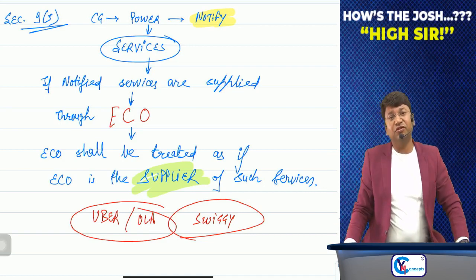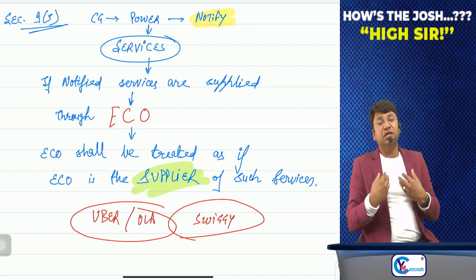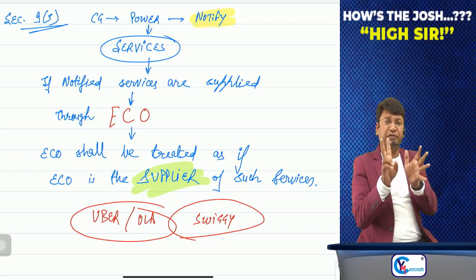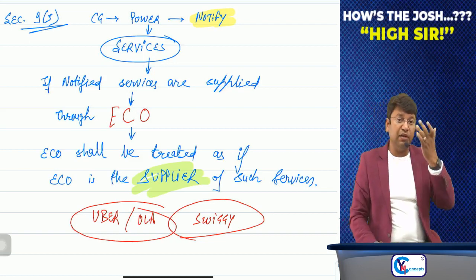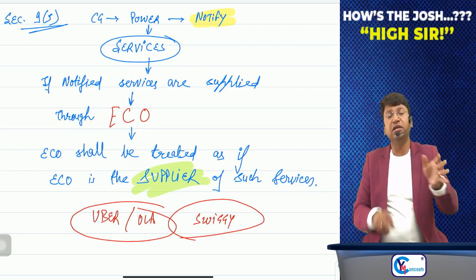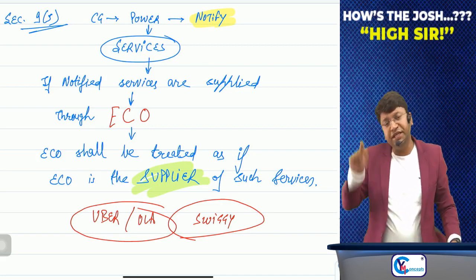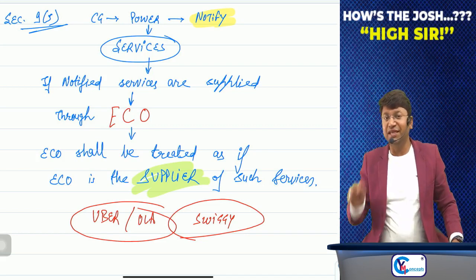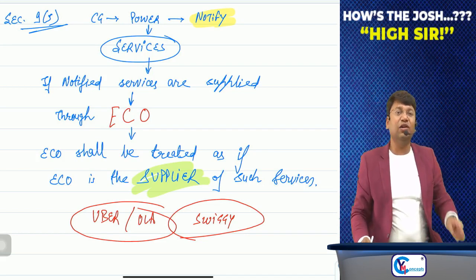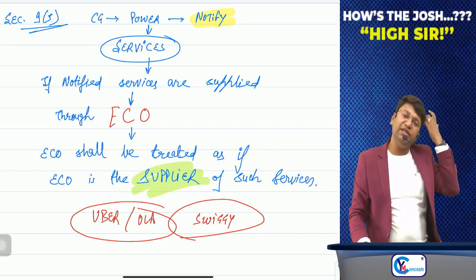And for this entire rupees 700, suppose the fare applicable in your case from your location to destination was 700, for the entire rupees 700, the ECO will be treated as if the ECO is the supplier of such services, and all the provisions of the Act will apply on the ECO.